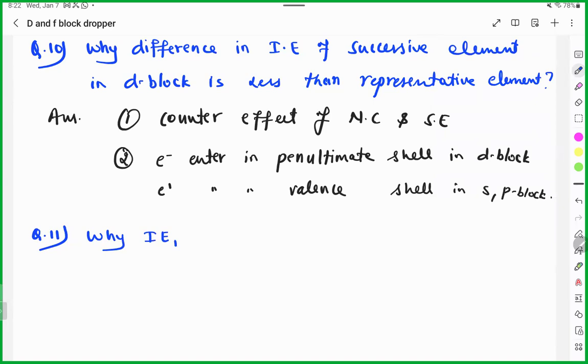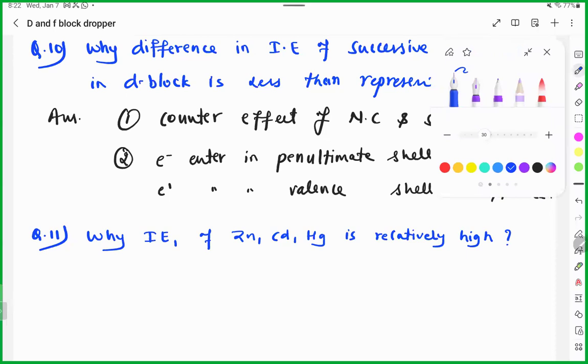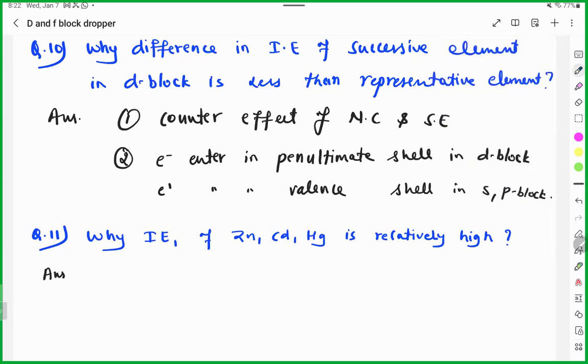Why is the first ionization enthalpy of zinc, cadmium, and mercury relatively low? I think they are fully filled. Yes. Because in this case, there is only one reason: fully filled electrons in the subshell.